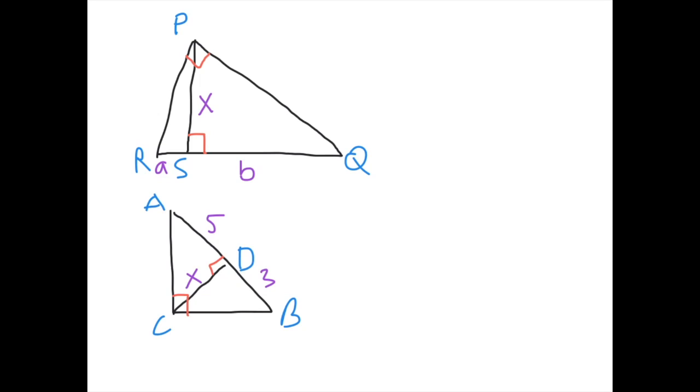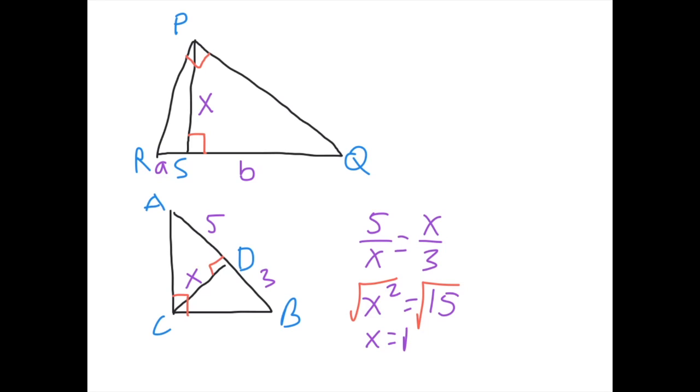You would set up a proportion saying 5 over x equals x over 3. Cross multiply, and that would give you x squared equals 15. Take the square root of both sides, and you would get x equals the square root of 15, which can't be simplified at all, so that would be your answer.